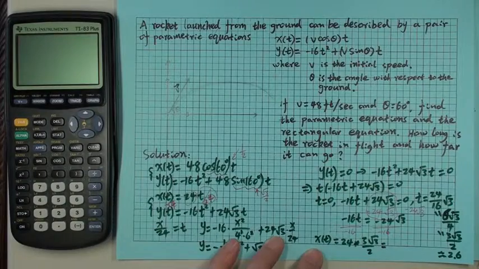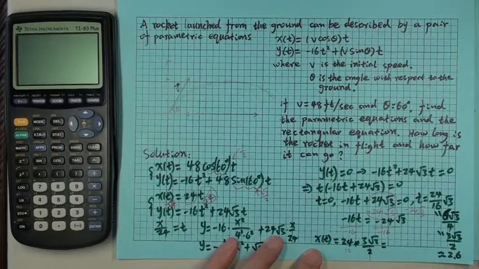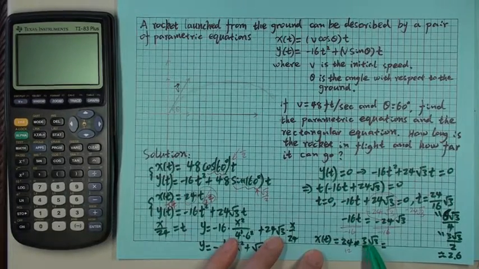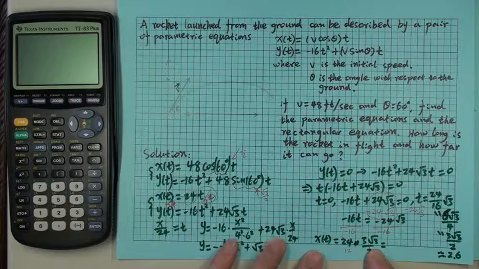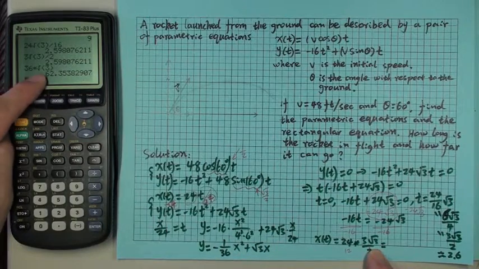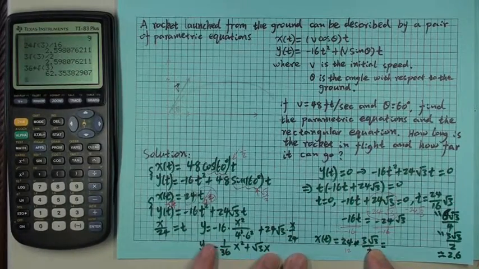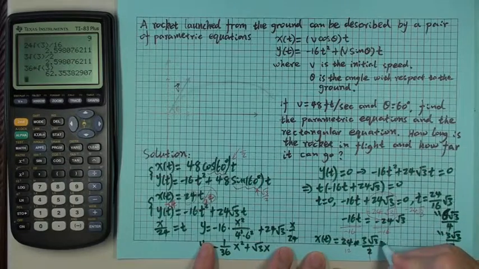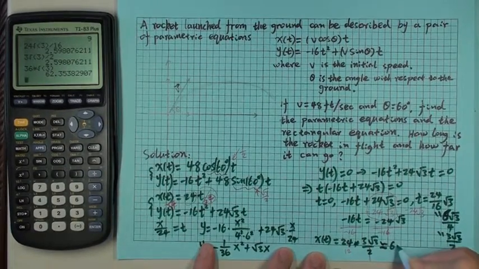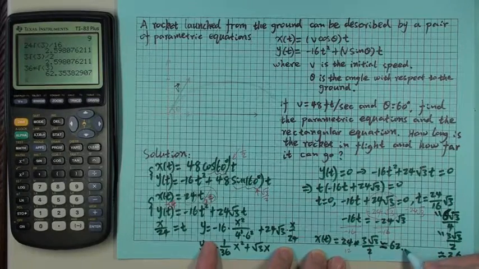Cancelling, 24 over 2 is 12, and 12 times 3 is 36. So 36 times radical 3 is approximately 62.3. So it goes about 62 feet.